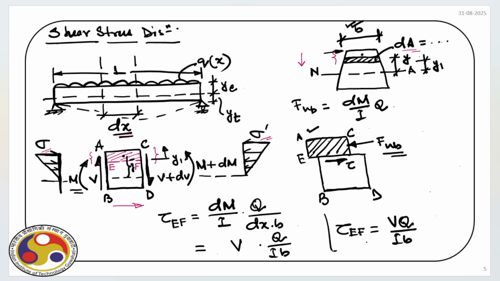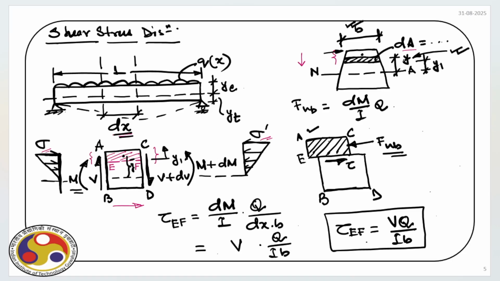So, that's the shear stress acting at a section EF, which is at a distance y, right? We have derived the shear stress at a distance y, right?